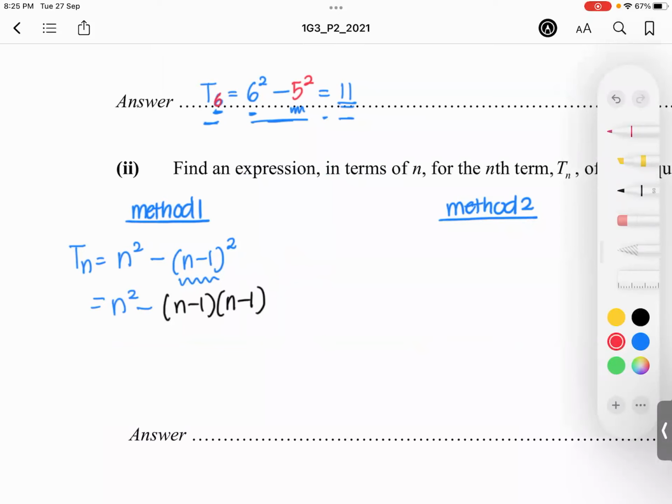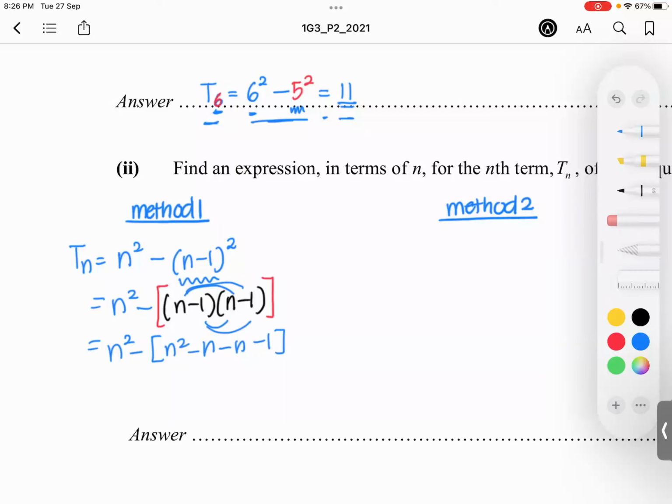Okay, but then got negative sign here, so to be careful, I'm afraid that I make mistake, so I shall put a bracket. So this is n squared minus n minus n minus 1. You all may not have known how to do this yet, right? So technically speaking, this method 1 may not work if you are not able to do your expansion carefully enough.